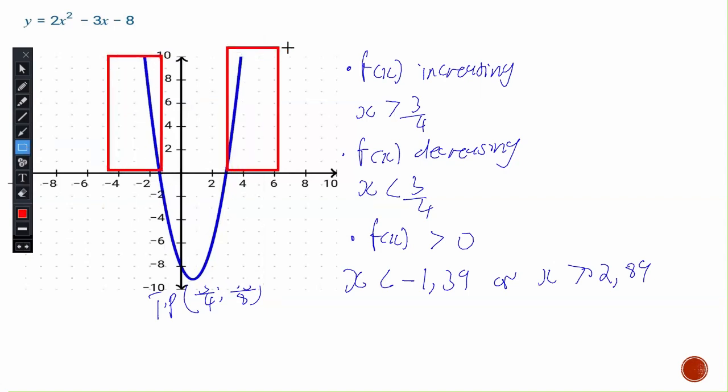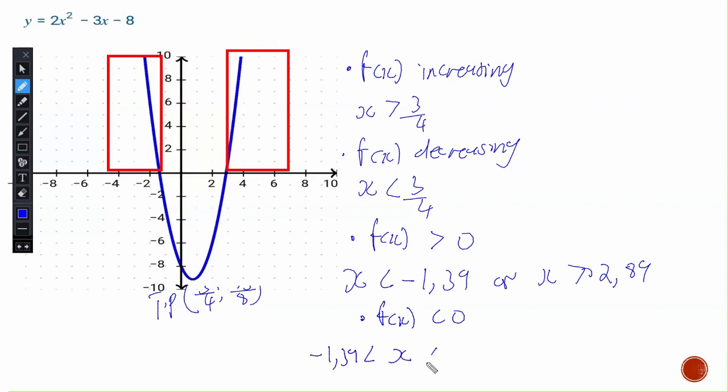And then where is it below the x-axis, f(x) less than 0? It has to be below the x-axis when x is greater than negative 1.39, but less than 2.89. Or you write it as x is an element of (-1.39; 2.89). Okay, so those are your questions right there.